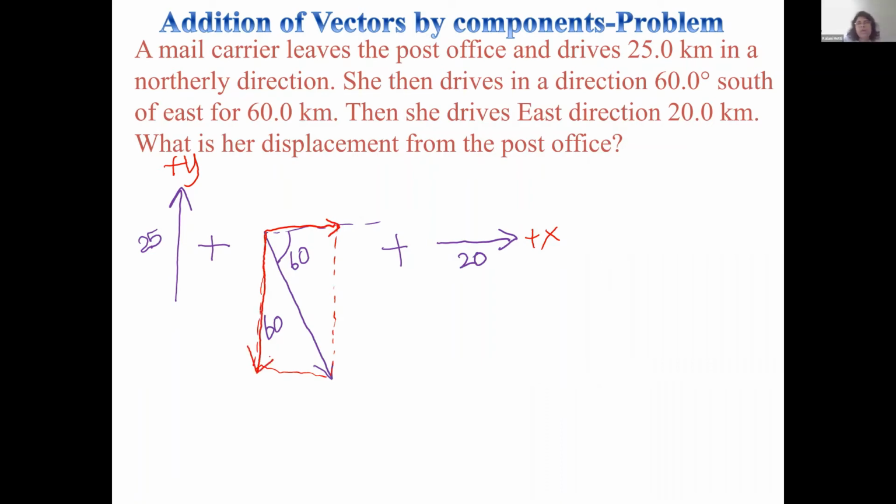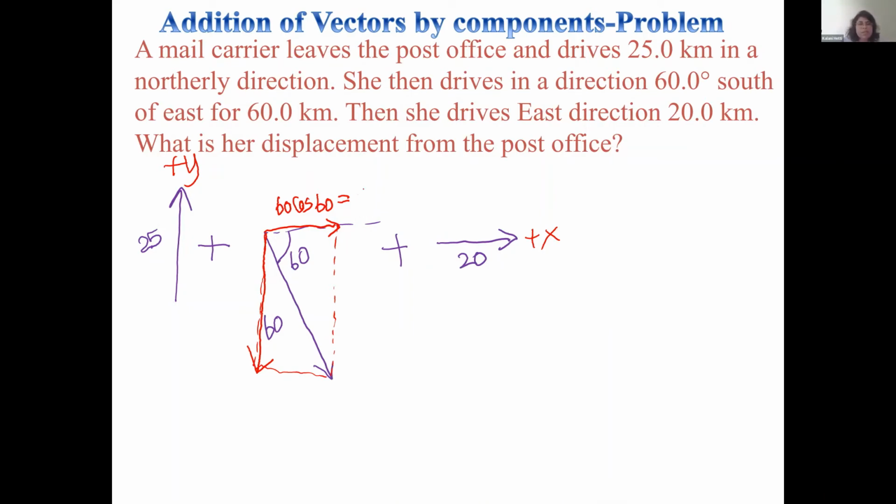Okay. So now the x component in this case is my adjacent, right? That means this will be in the positive x direction, and I have 60 length, so 60 times cosine of 60 will be my x value. Cosine of 60 is half, right?